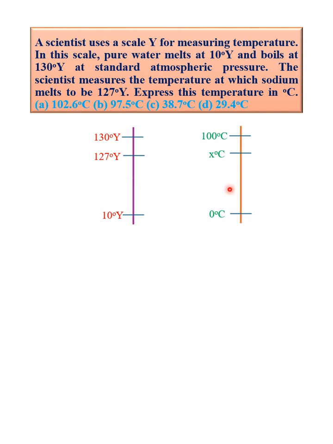So looking at these two thermometers, you find out that they are similar. So we are going to solve for x by simply equating ratio of similar intervals. By ratio of similar intervals, I mean we are going to take the interval between 10 to 127 as a ratio to 10 to 130 and equate it to the similar interval on this ratio.